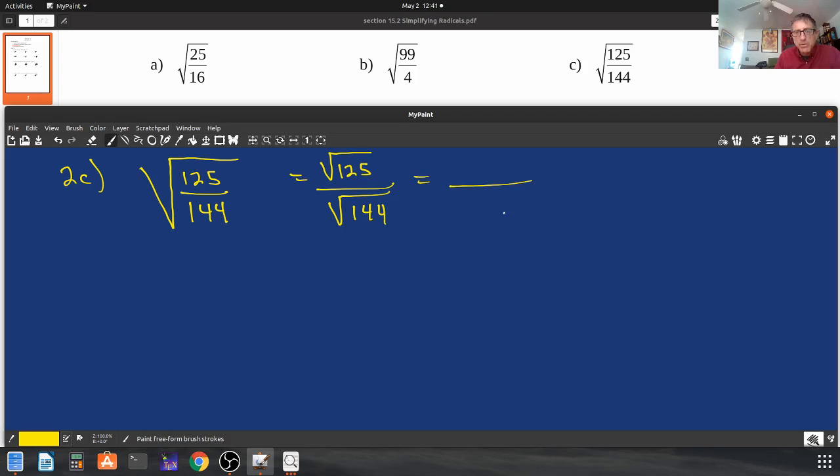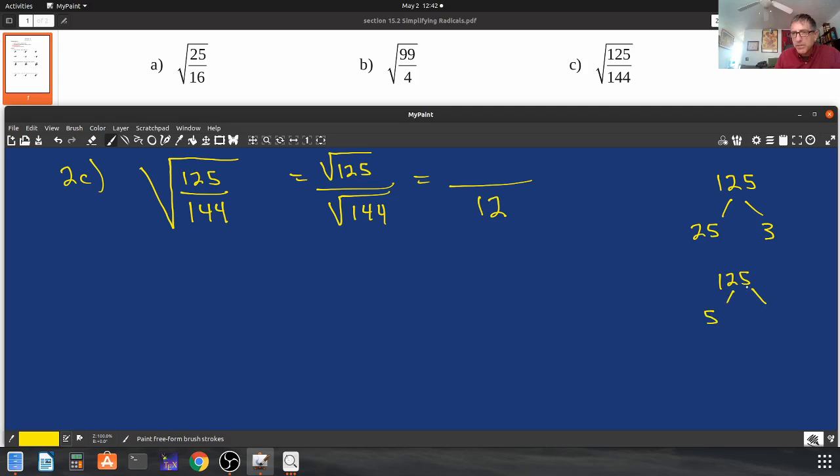Now the square root of 144, I know by my table, is 12. So I've got to do something with 125. And 125, you can do this any way you want. It's 25 times 3. Now you could get to the same thing by dividing it by 5.